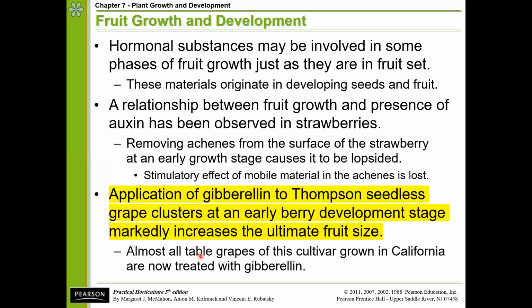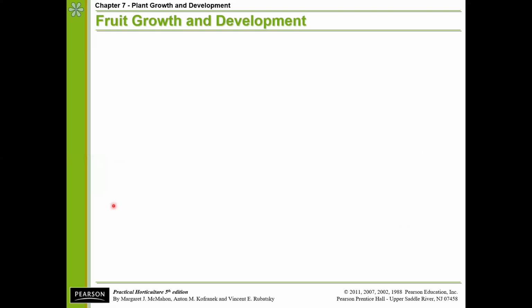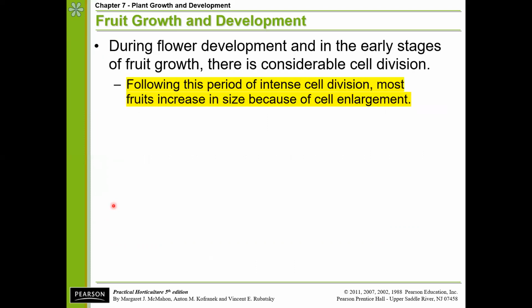So one thing that we see for grapes is that we apply this hormone gibberellin to them at an early stage of development to greatly increase the fruit size. And it'll make sense here in a minute why we do that and how it actually does it.